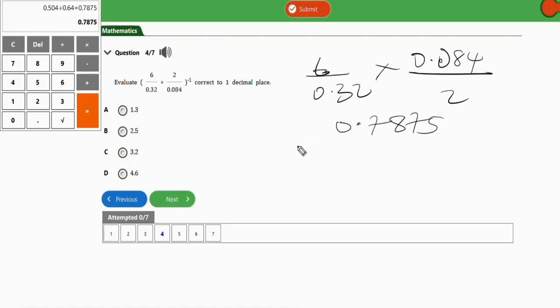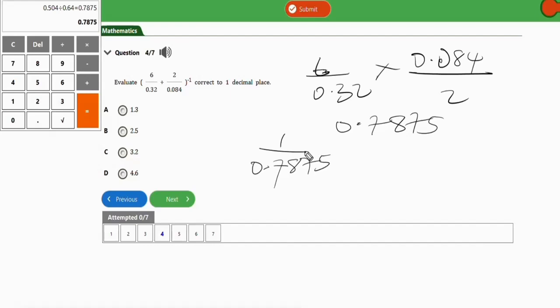So the last thing you are going to do again will be 1 over 0.7875.